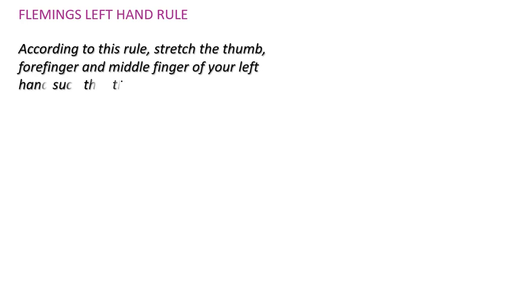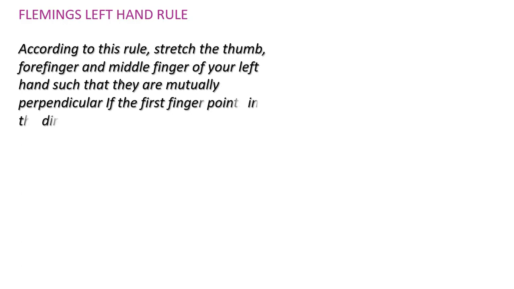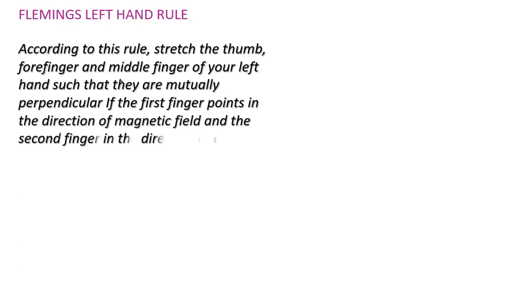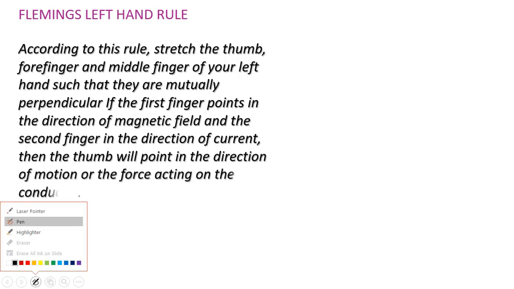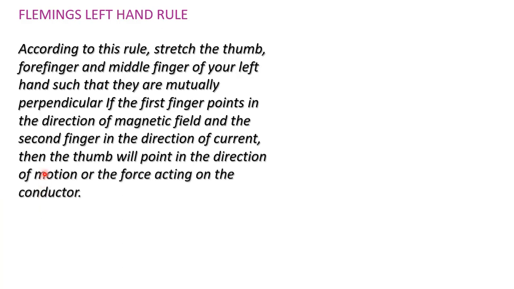Now over here, the statement is shown in front of you, which is given in the NCERT. So let us read that statement so that you can understand it in a better way.